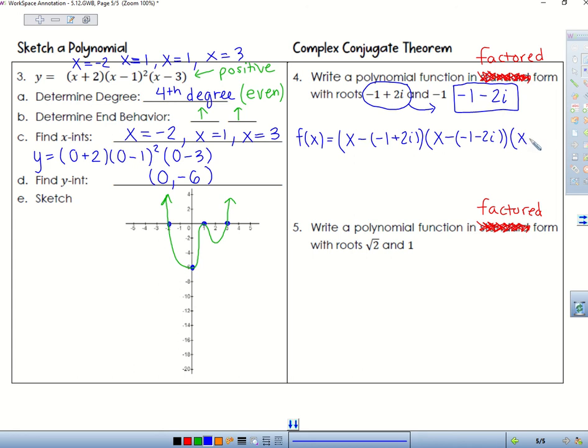When we subtract a negative, here's my hint: if we yield a 0 of negative 1, what was the binomial that went with that? x plus 1. You see now?